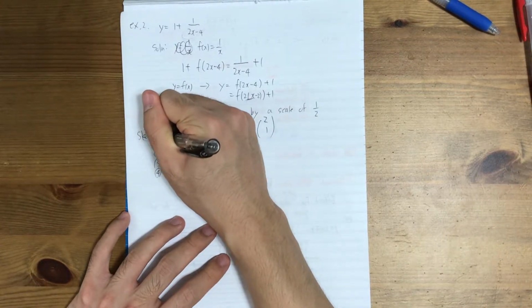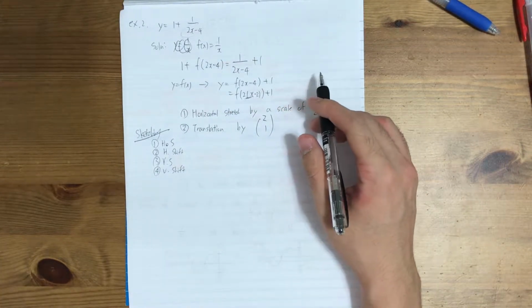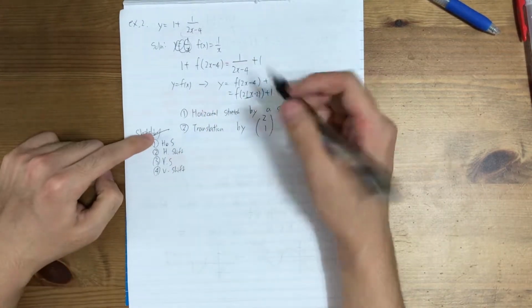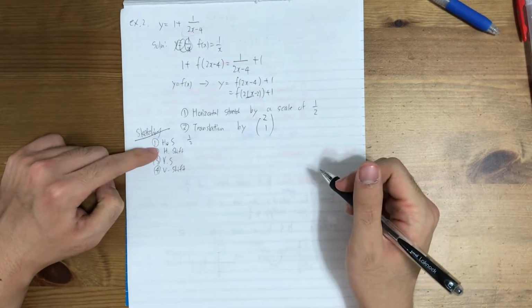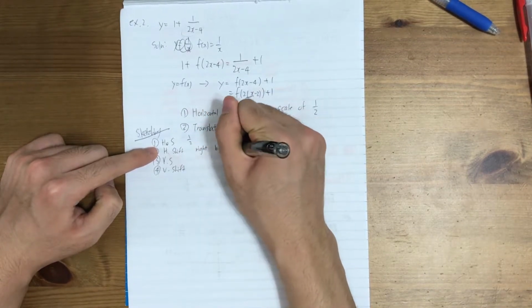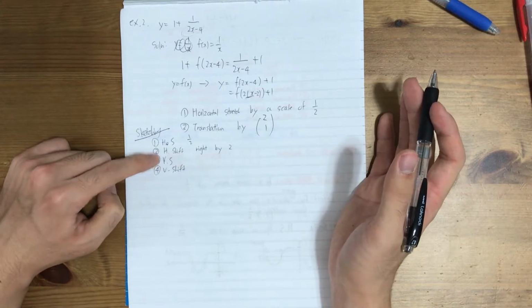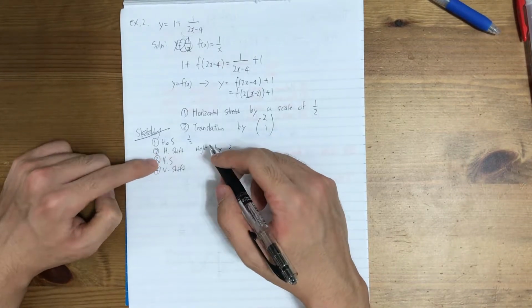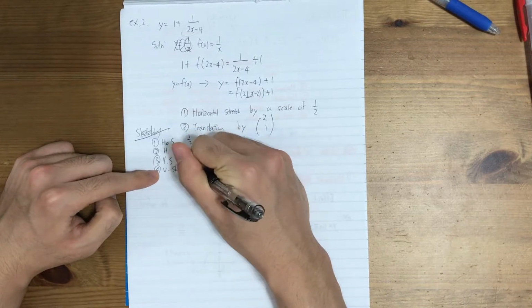For sketching. So then let's do one by one. So horizontal stretch is scale factor of half, right? And then horizontal shift is to the right by 2. And then vertical stretch, there's no vertical stretch. And vertical shift is 1 unit upward.